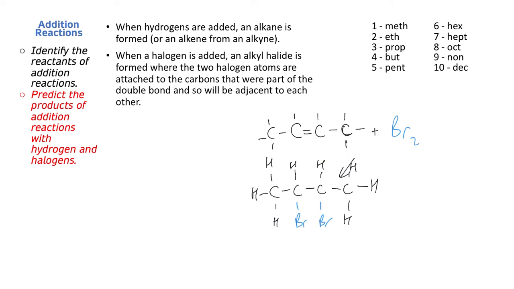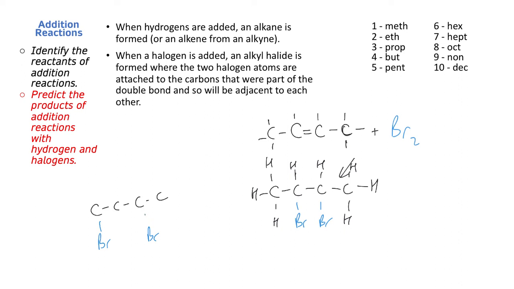So this is 2,3-dibromobutane. It's also an alkane, but it's an alkyl halide. The real point is that you are not going to produce something where you've got bromines over here and bromines over there. You can't have the bromines not adjacent to each other after an addition reaction. They've got to be adjacent to each other wherever the double bond was.